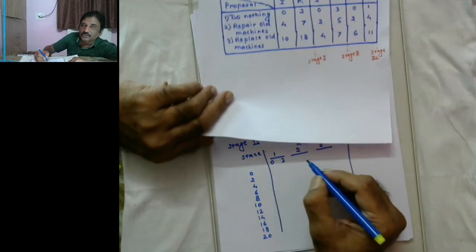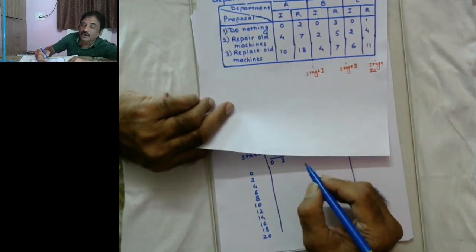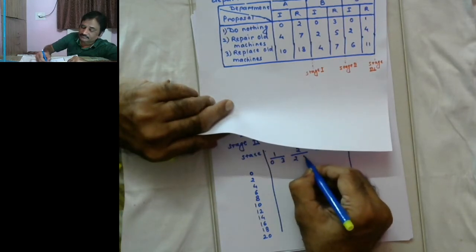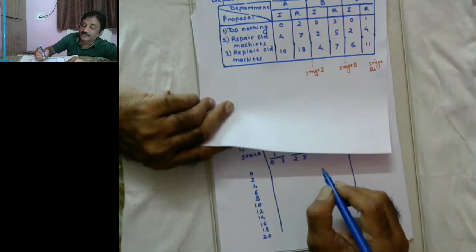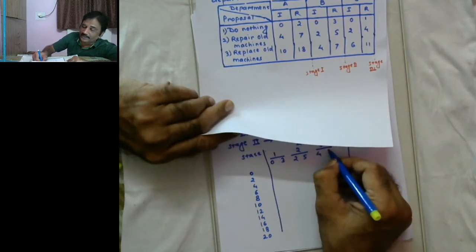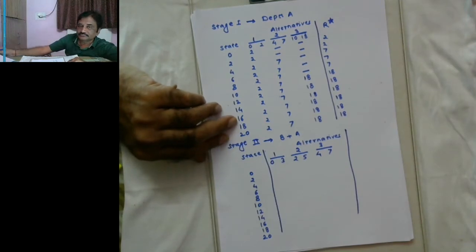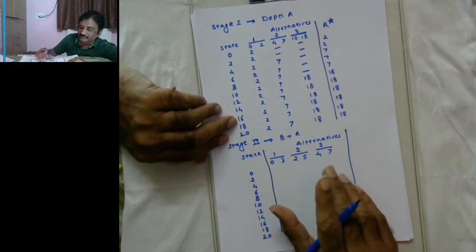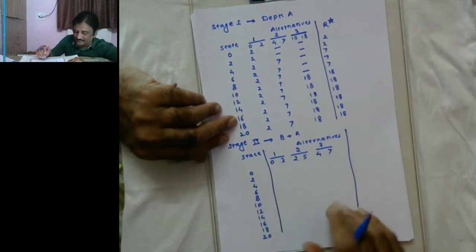Second alternative is investment of 2 crore and return of 5. And third alternative, investment of 4 crore and return of 7. Right? Now I have everything that was given in the problem and is important for the second stage.